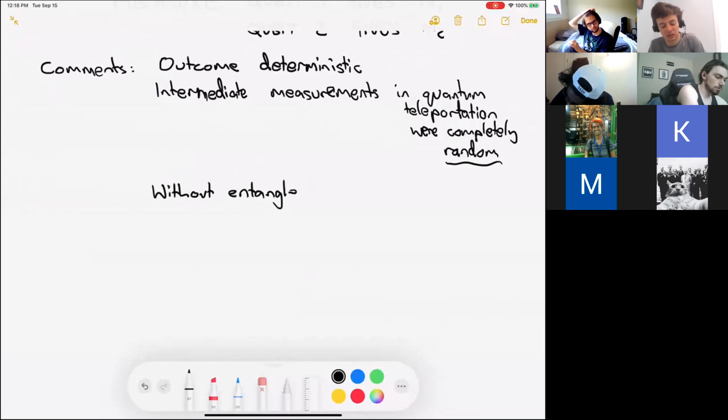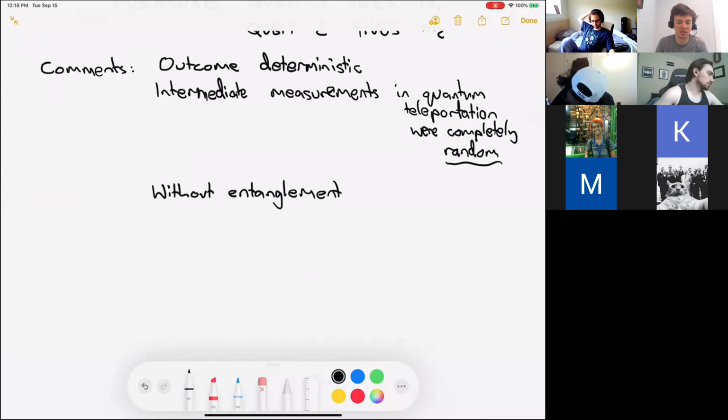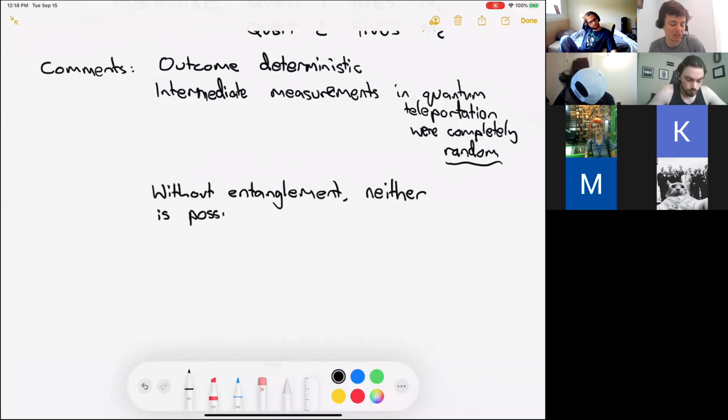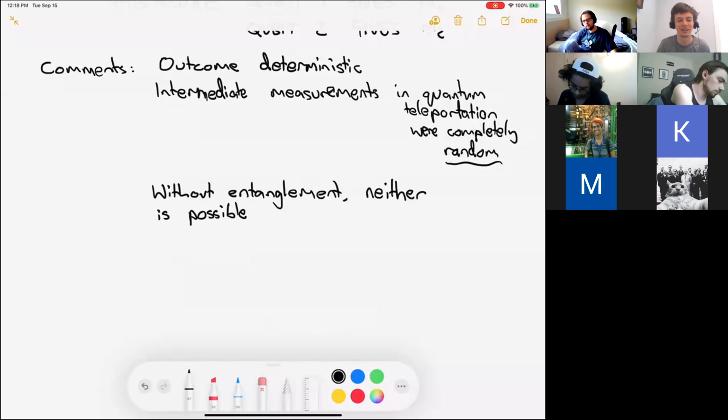In particular, if I'm sending a qubit from Alice to Bob, and I don't have a shared Bell pair in advance, then the number of classical bits I can send is at most 1. There's a reason it's called super dense coding. It's because without this entanglement, you can only encode 1 classical bit in each qubit.